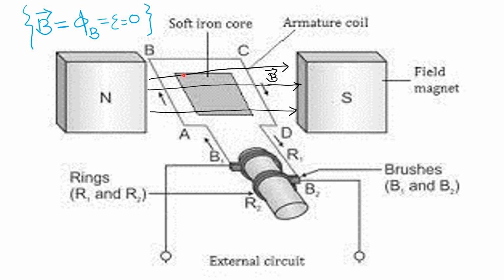So whenever this armature rotates in this permanent magnet, the rotation will cause a change in the strength of the magnetic field, or a change in flux. And whenever there is a change in flux, there will be a generation of electromotive force, and there will be a generation of electric current in the wire of the armature coil.